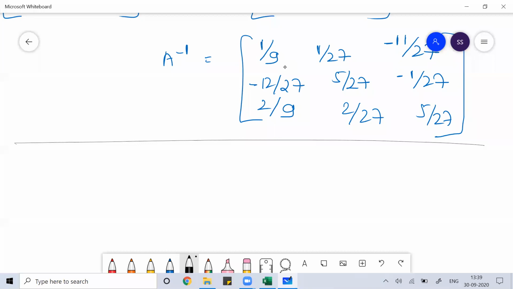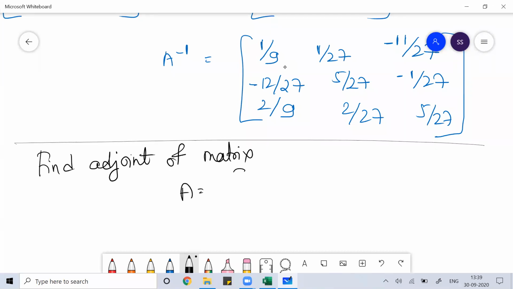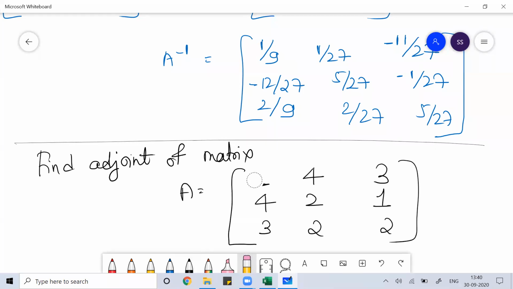Do this question. Tell me the answer for this.